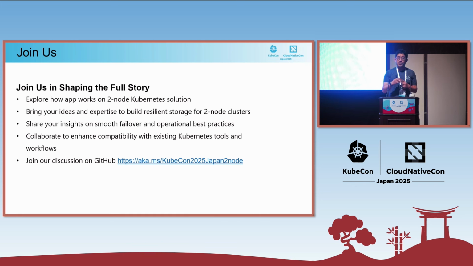It is very important, but we also rely on the whole ecosystem to work on how we can support two-node solutions with applications, best practices for failover operations, and, very importantly, storage, and how we can provide storage to support two-node solutions. I think all these things will be very interesting to continue engaging with you on.